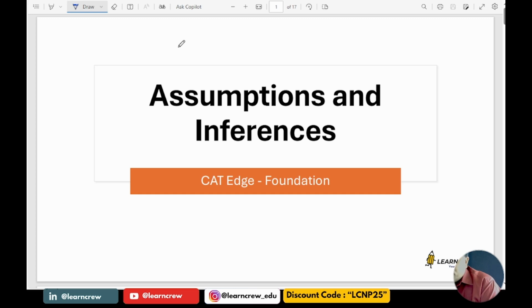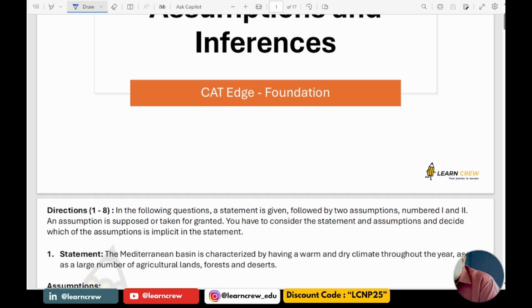So try to differentiate assumption and inference. Assumptions can lead to misunderstandings sometimes, while inferences aim to explain or interpret the evidence. I hope it is clear about the basic introduction on assumption and inference. Now let us start our worksheet.